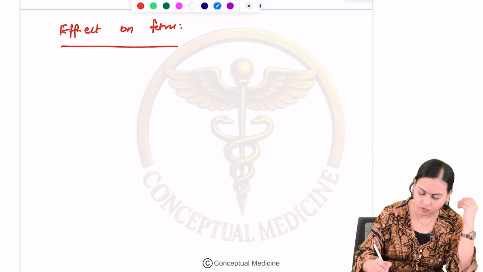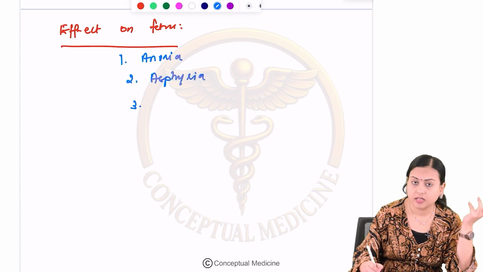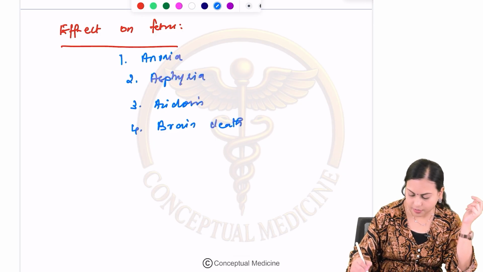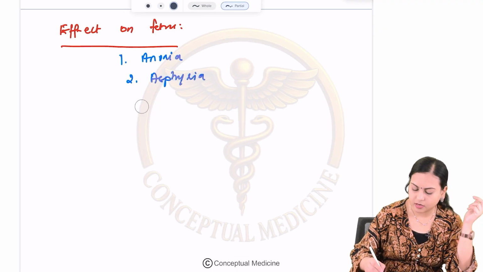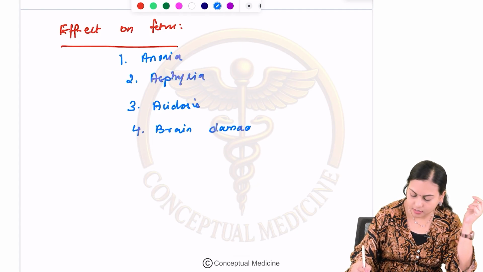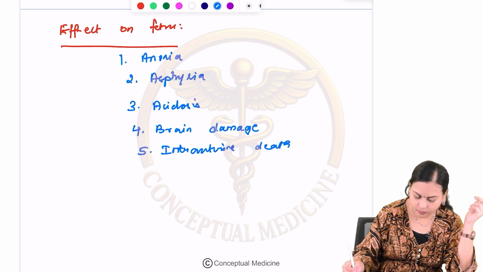The fetus is going to be in a state of continuous stress, right? So, that is going to cause anoxia, asphyxia, and it can even progress to acidosis, which can be followed by brain damage and intrauterine death, okay.